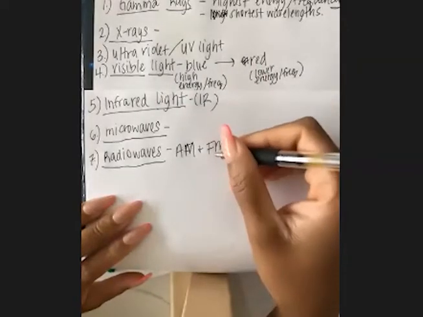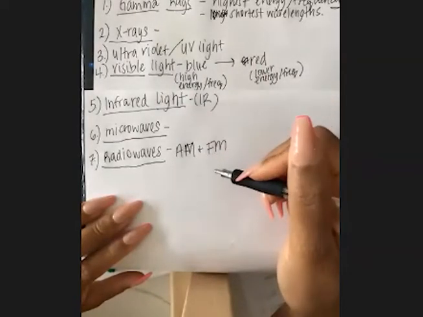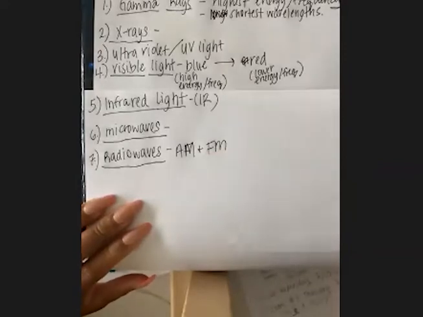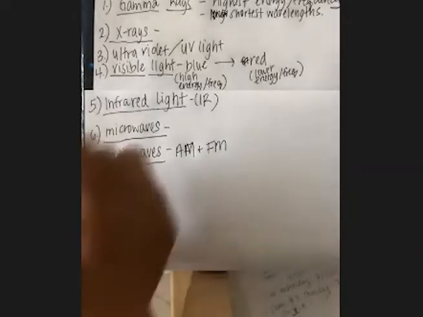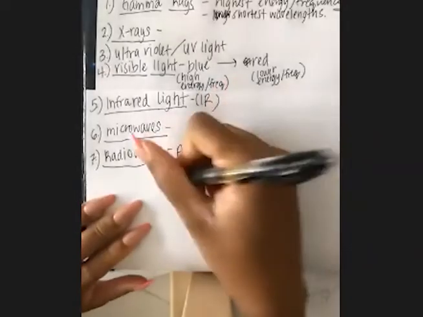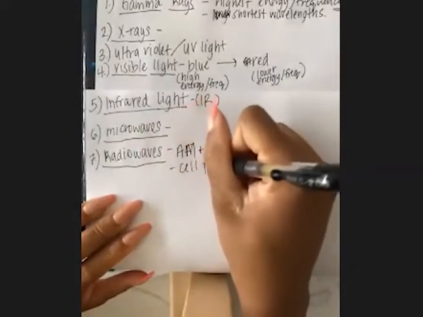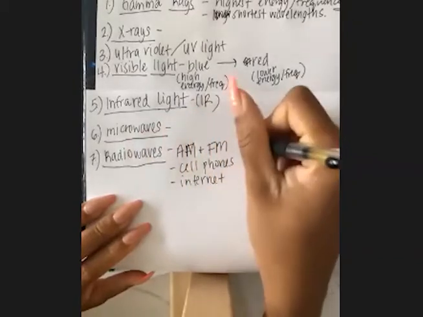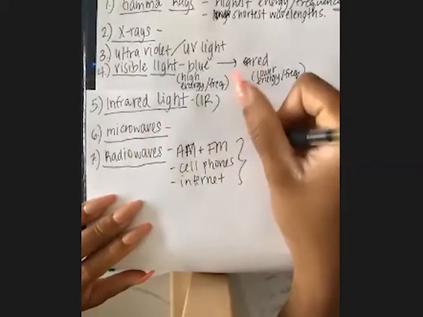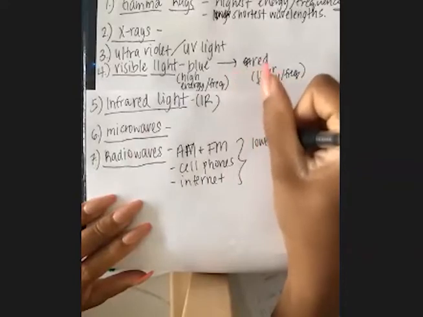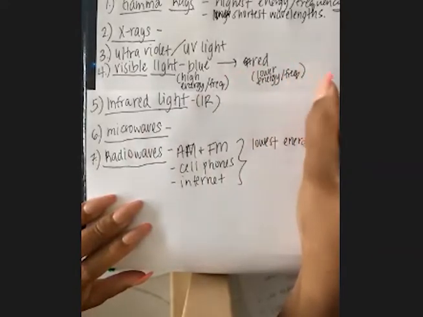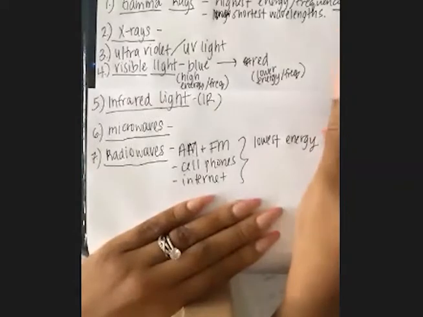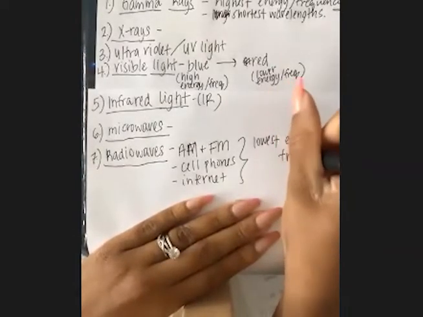So one tunes the frequency, the other one tunes the amplitude. Basically all the technology like our cell phones and the internet works off of radio waves, and it's mainly because they have the lowest energy/frequency. So their energy does not harm us.